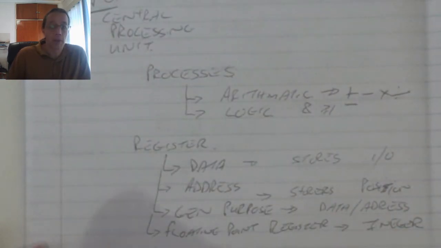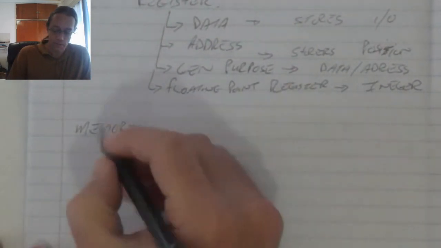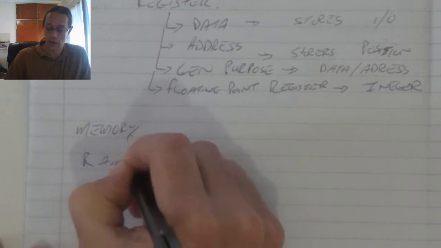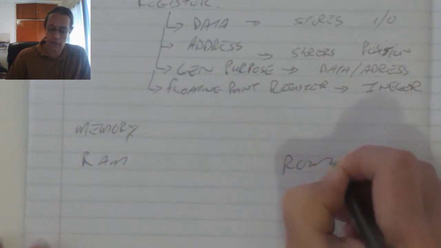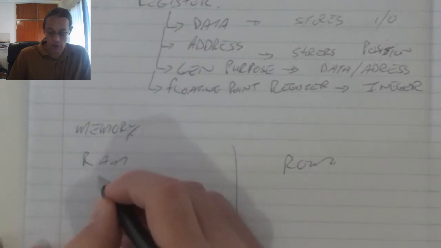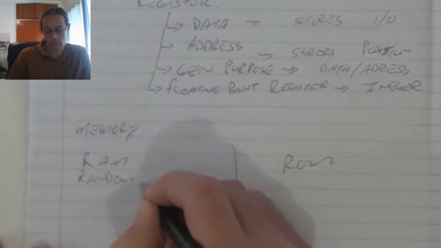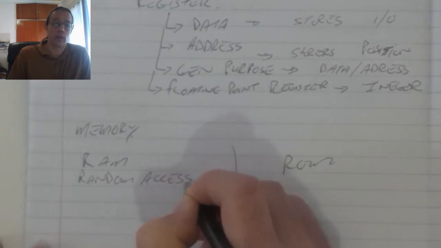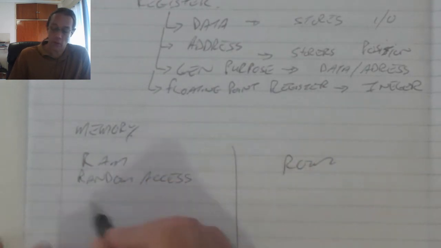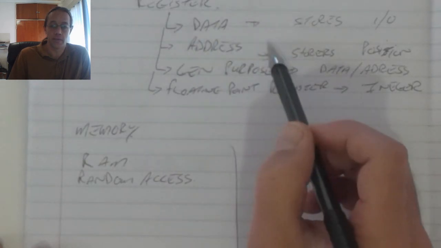The next part of the microcontroller is the memory, which is divided into RAM and ROM. The RAM is the random access memory, and this is what is being stored by the registers.